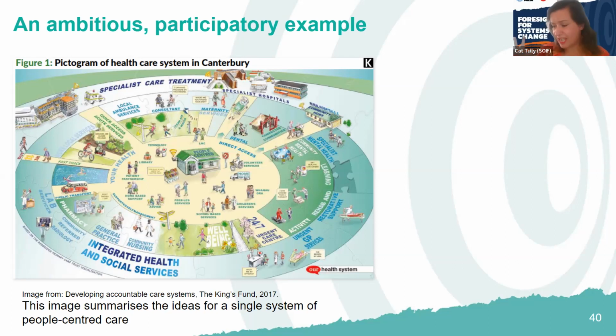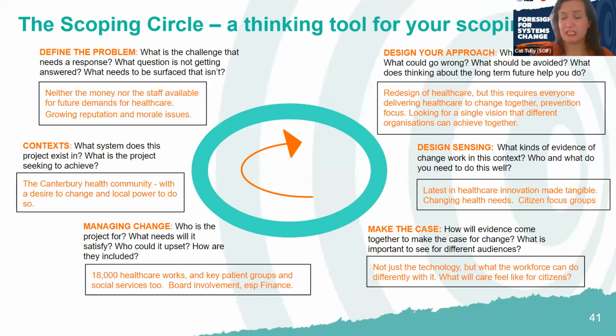So they were thinking, how can we really come together to bring all the different parts of the health system in that community, which is Canterbury in New Zealand, to really do things differently and to create better health outcomes for the community, but without the kind of expenditure that you'd need by doing things business as usual.